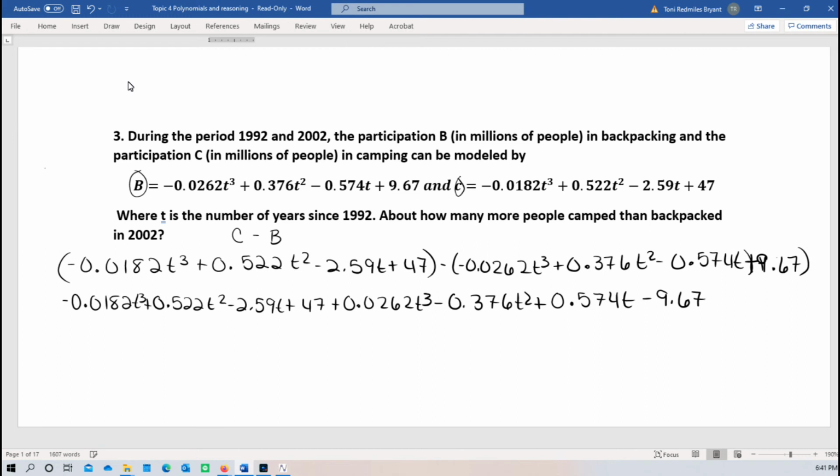All right, now we've got to get those like terms together. And I believe this is correct after we do it. Might be a little bit off, but we're going to get something like this.